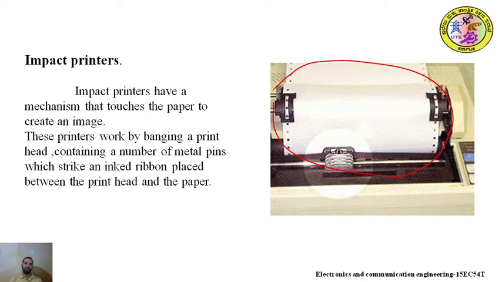These printers work by banging a printhead containing a number of metal pins which strike an inked ribbon placed between the printhead and the paper. So usually in impact printers there is a physical connection between the printhead and the paper. This is the working of impact printers.